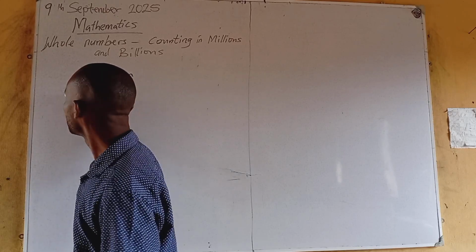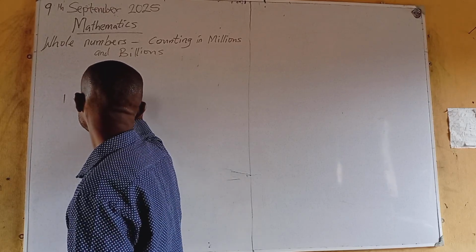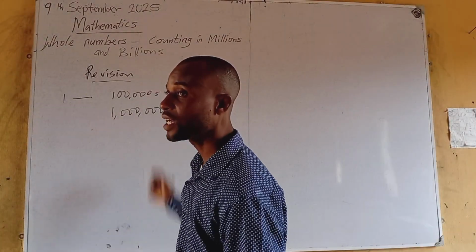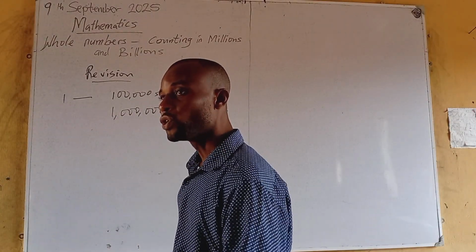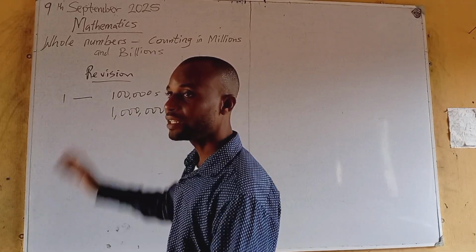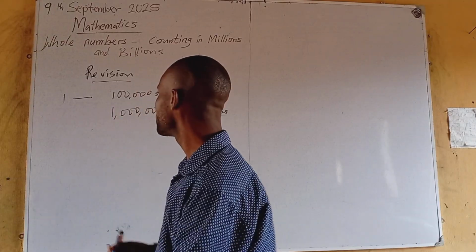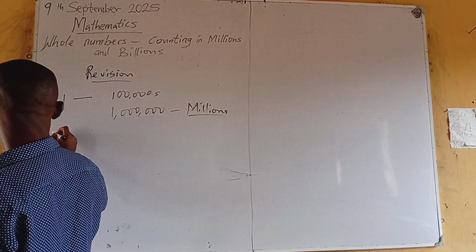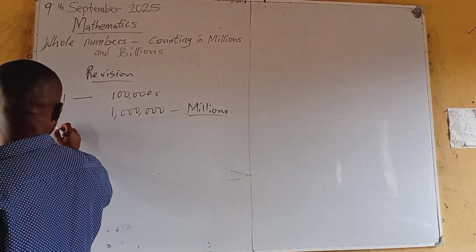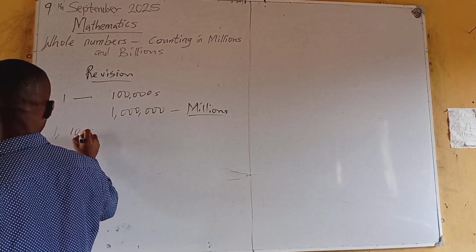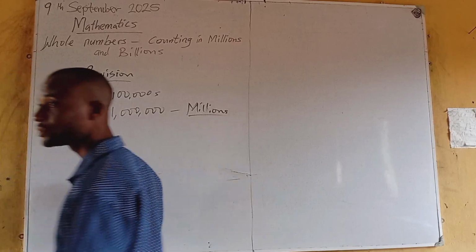Revised counting from 1 to 100,000, counting in millions and then billions. Similarly, the way you have from 1 unit up to 100 units, you also have millions from 1, 10, hundreds of millions.